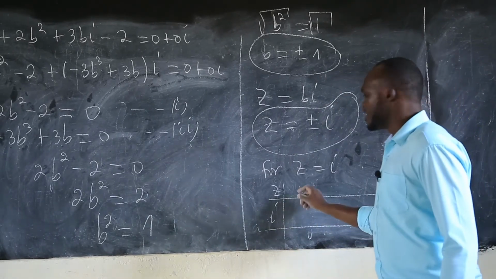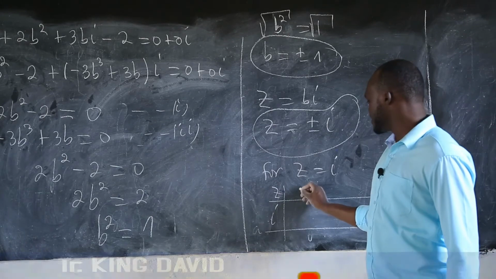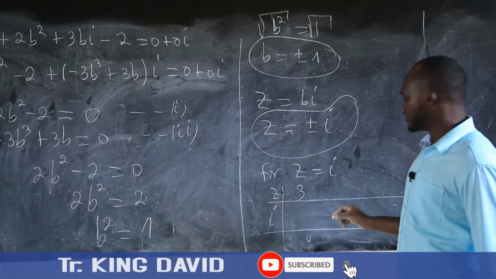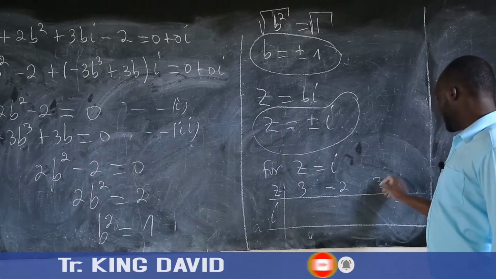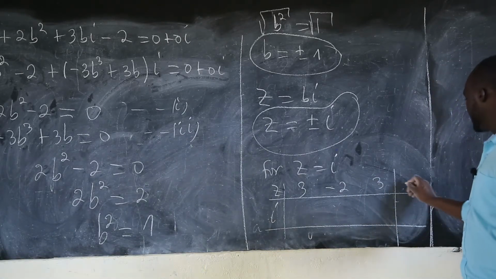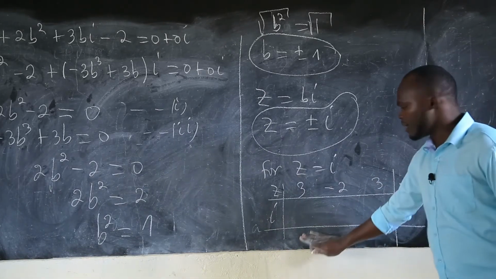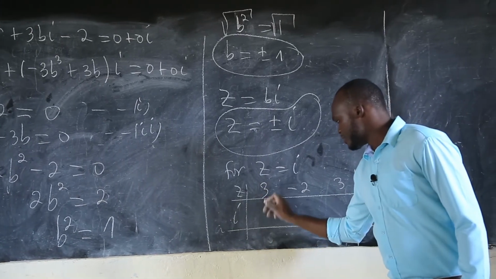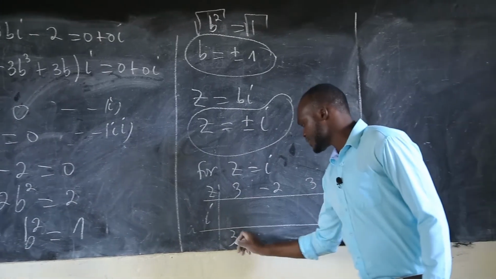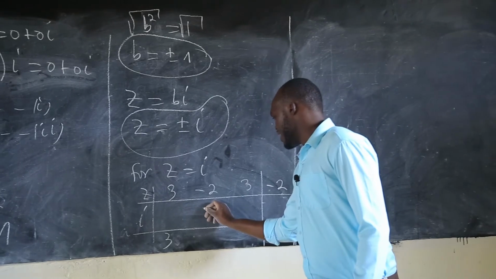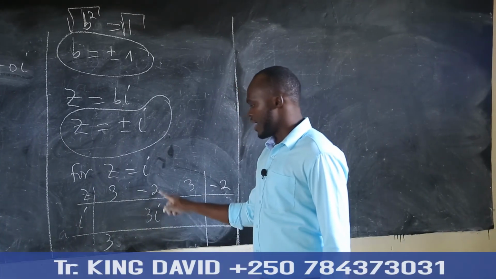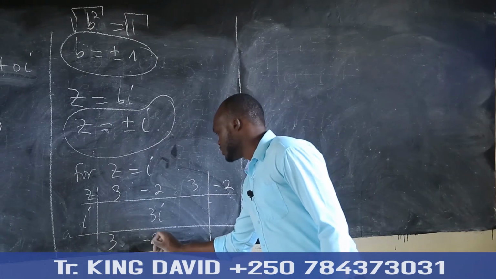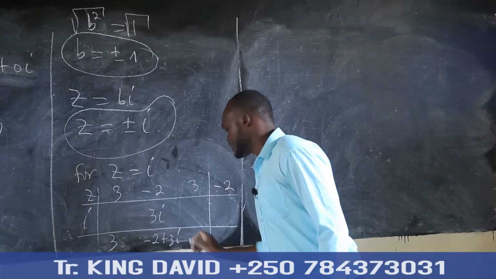The coefficient of z^3 is 3. The coefficient of z squared is negative 2. The coefficient of z is 3, and the constant is negative 2. So now I put this 3 down here. 3 times i, that's 3i. I add, that's negative 2 plus 3i.